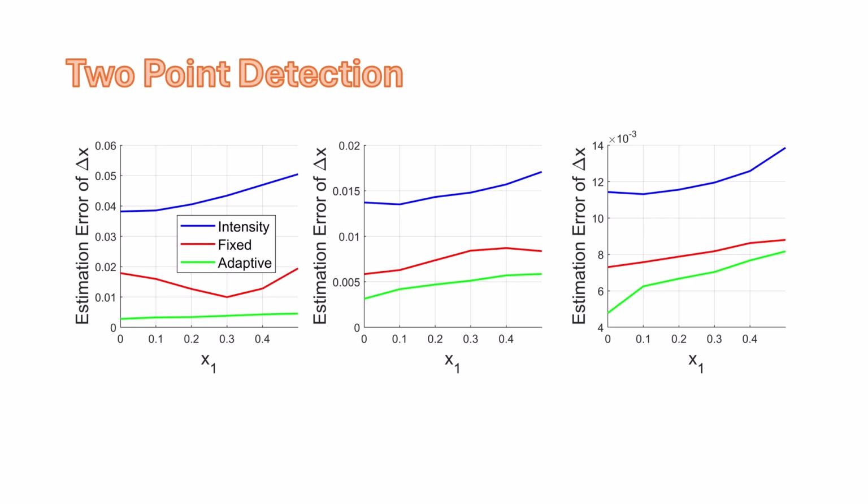The bottom curve here, the green curve, is the estimation of the separation of the 2 point sources for various values of x1. So x1 and x2 are fixed positions of the point sources. We don't assume that their mean is anywhere interesting, but we're taking x1 and moving it around the unit cell.